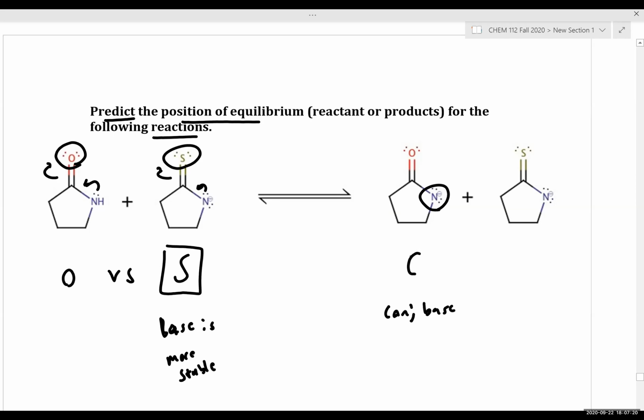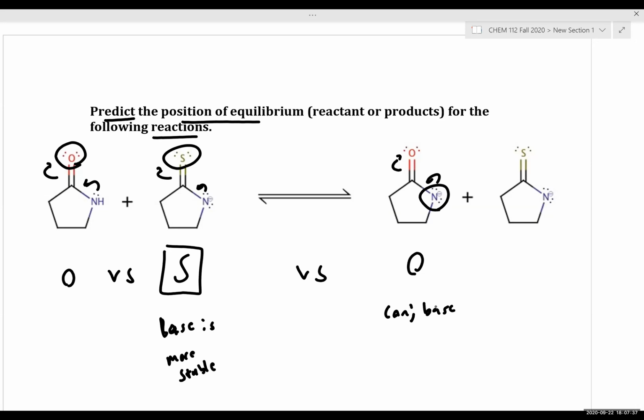So what you're doing when you're predicting the position of equilibrium is comparing your base and the conjugate base and determining which species is more stable.